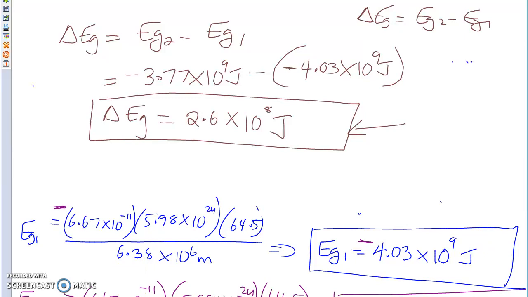All the time our energy is talked about from the center of Earth. So essentially we're looking at the difference between the energy from the center of the Earth to the orbit minus the energy of just the center of the circle.